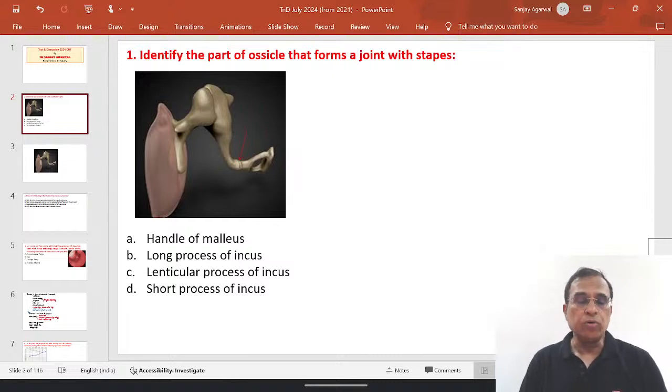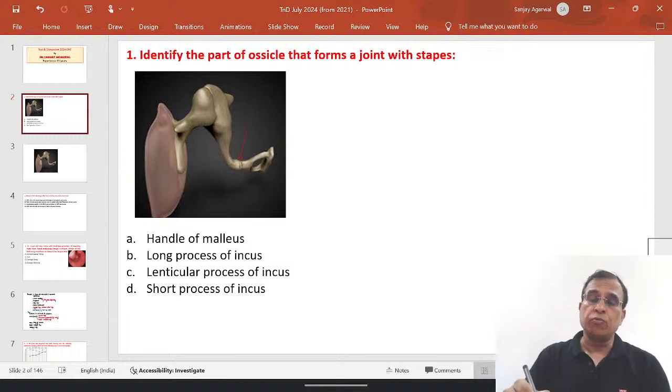So you can see the arrow, and the question is, based on this arrow that you see, you just have to find out this structure. So they are telling you this is a joint with the stapes. Either you can identify it by the image, and if you cannot identify the image, then if you know the theory, who forms a joint with the stapes?